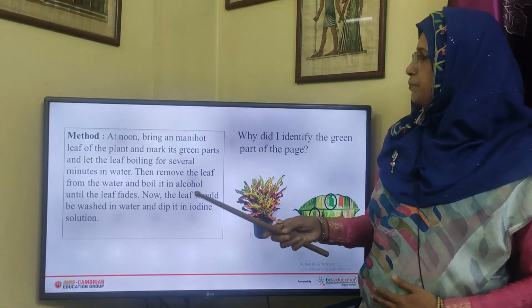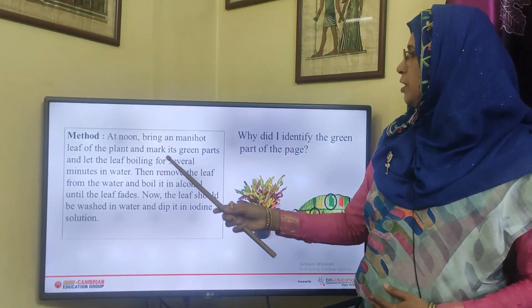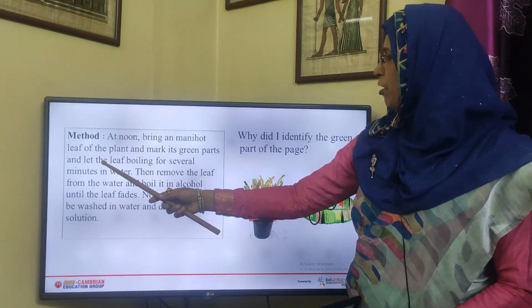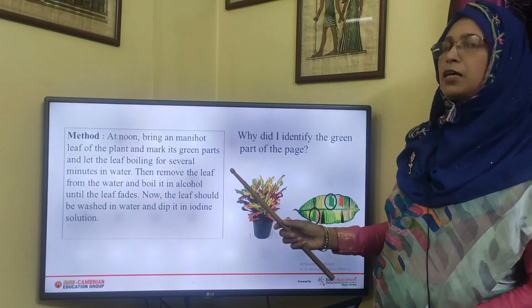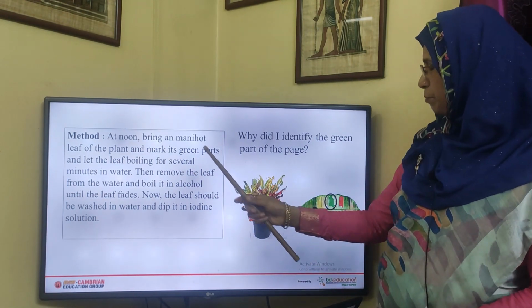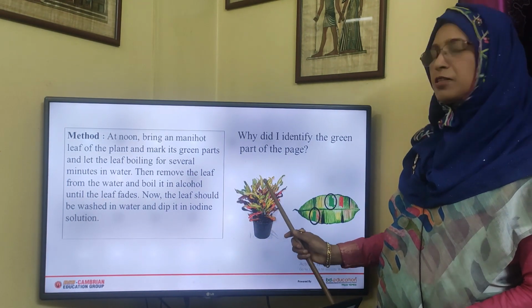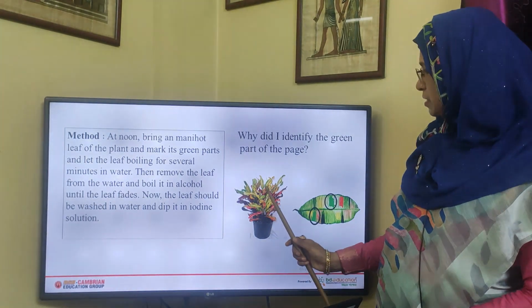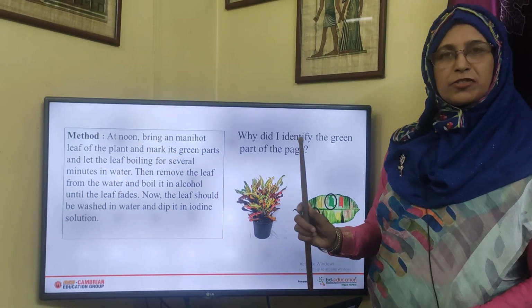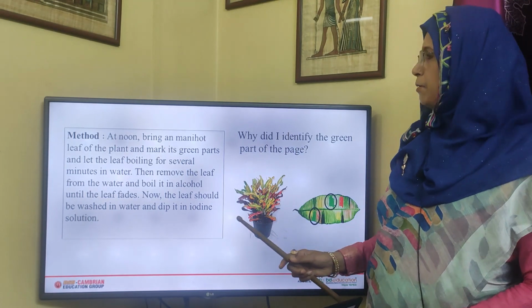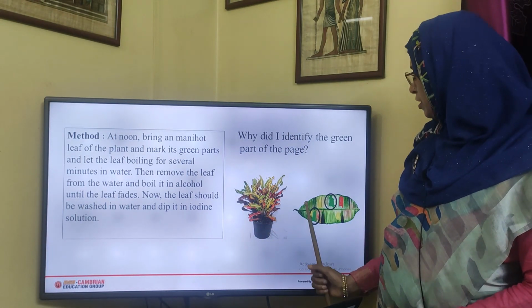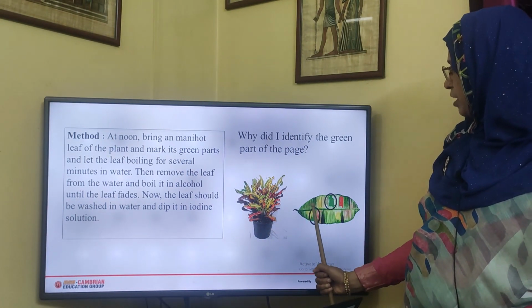Now the method. First, at noon, bring a manihot leaf of the plant and mark the green part, because the leaves of these plants are colorful. So first you have to separate a leaf and mark its green part.